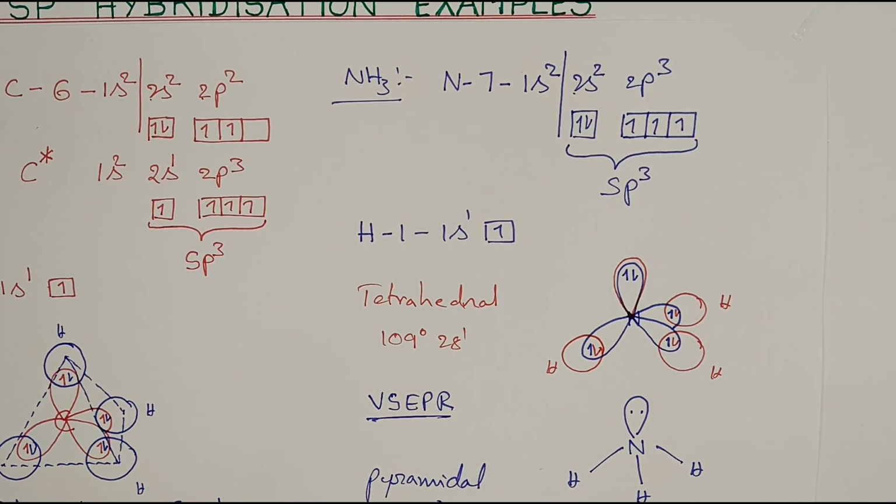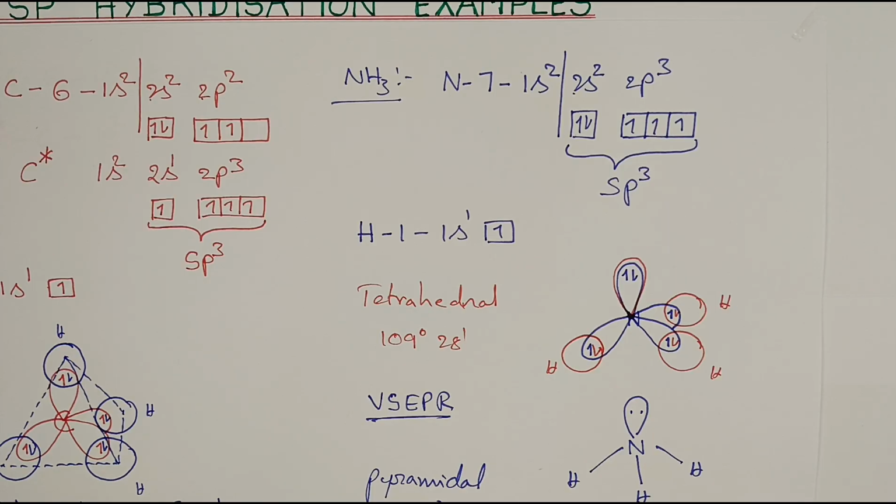So in NH3, nitrogen undergoes sp3 hybridization, but the shape changes from tetrahedral to pyramidal due to lone pair bond pair repulsion.